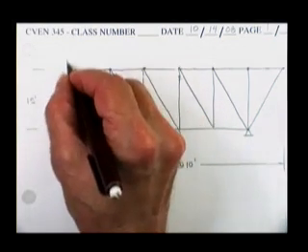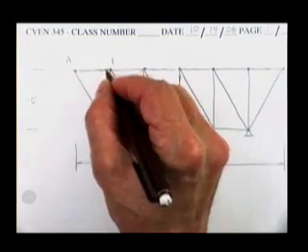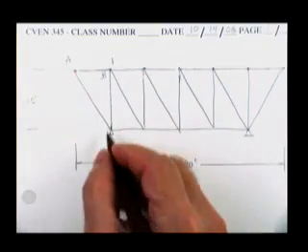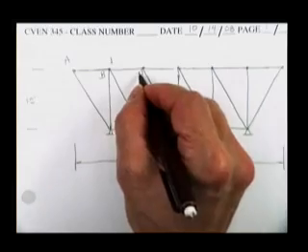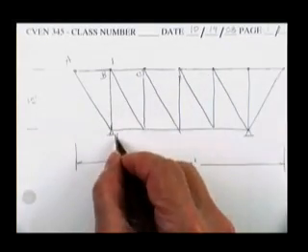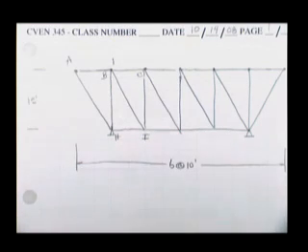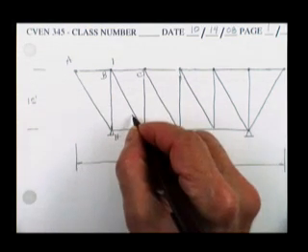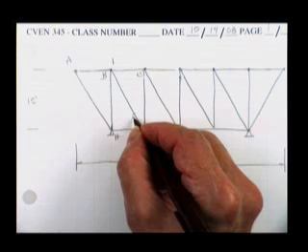For example, let's say you've been asked for the influence line for the force in member BI. Member BI is what we're looking for the force. Then I would shorten BI.